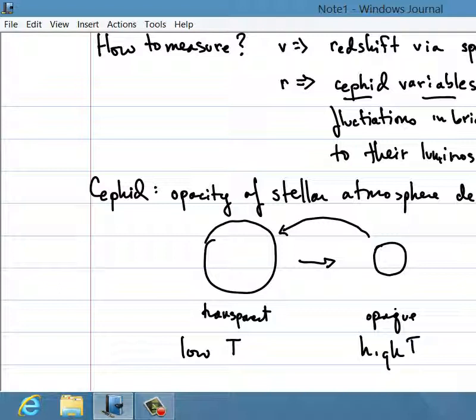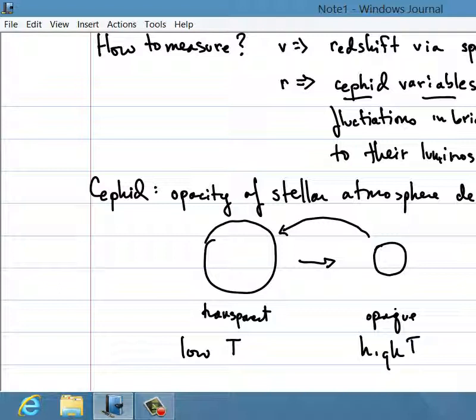Because if you have a candle and you know it's standardized so that you know exactly how bright it is, then by looking at its apparent brightness, you can determine how far away it is. So in astronomy, people are always looking for standard candles, by which they mean stars whose luminosity they know exactly. The Cepheid variable was the first such standard candle, but since then people have learned how to use supernovas also as standard candles, and much of our most exciting knowledge about the universe today comes from supernovas.